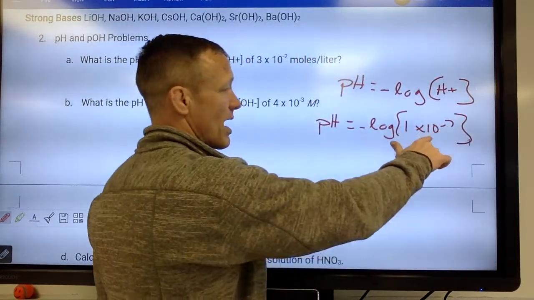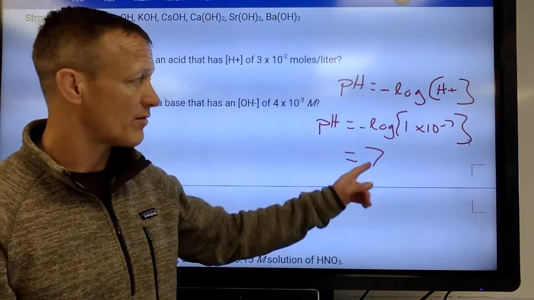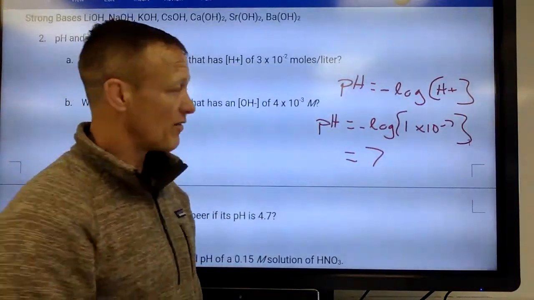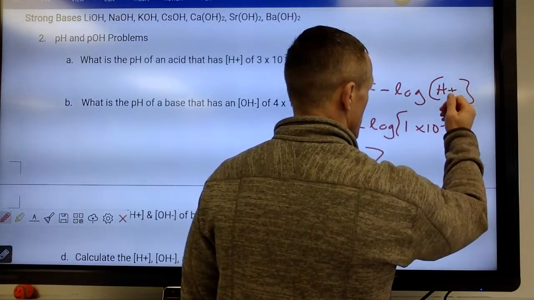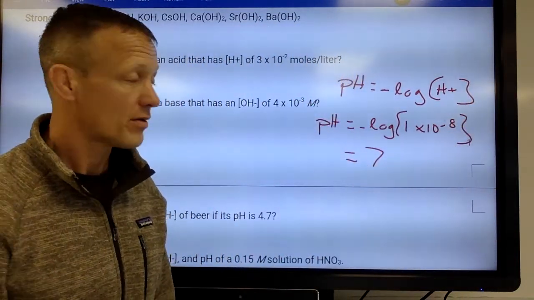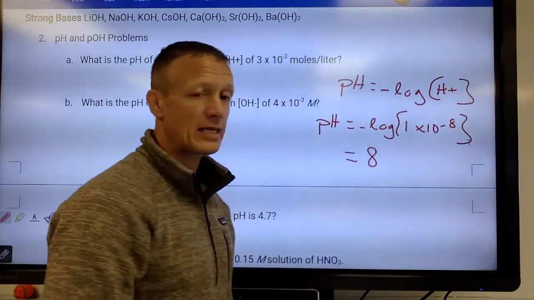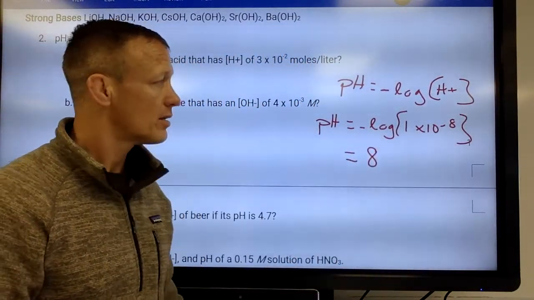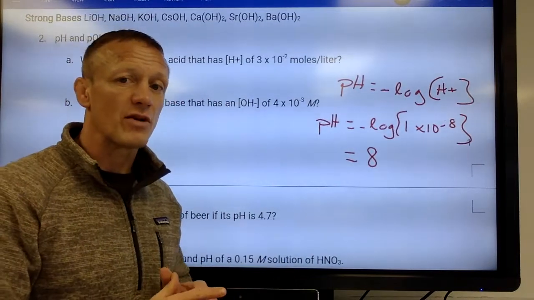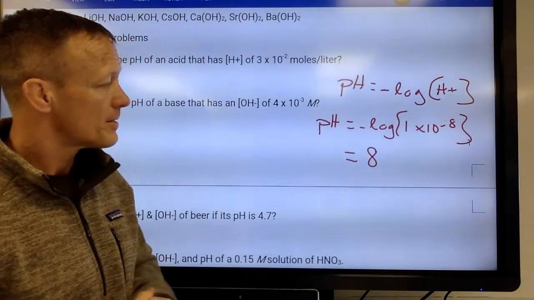The negative log of that number is 7. If the concentration of H plus ions was 1 times 10 to the negative 8th, that is a smaller amount, which means our pH is now 8. There is some estimating you have to be able to do as we go through things.